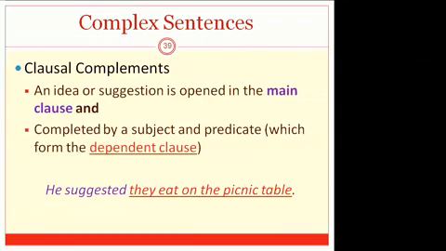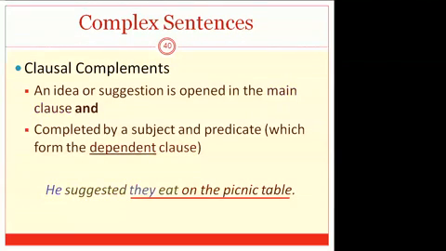And what is suggested is finished out through the use of another clause with a separate subject and a predicate in the dependent clause, they eat on the picnic table. He suggested is the main clause. What is suggested forms the dependent clause, they eat on the picnic table.